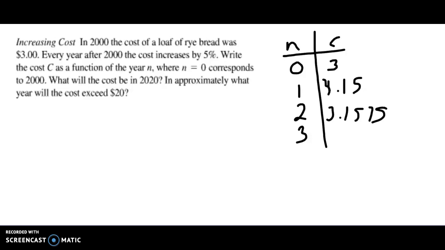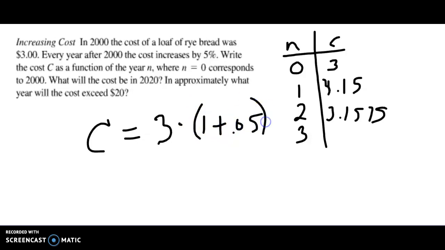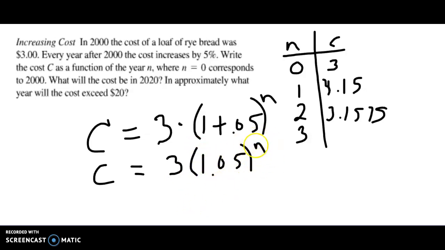And what happens is your cost is your initial value times 1 plus your rate to the nth power. Okay, it's 3 times 1.05 to the nth. So if I put 0 in there, anything to the 0 power is 1. 3 times 1 is 3. If I put 1 in there, 1.05 times 3 is 3.15.